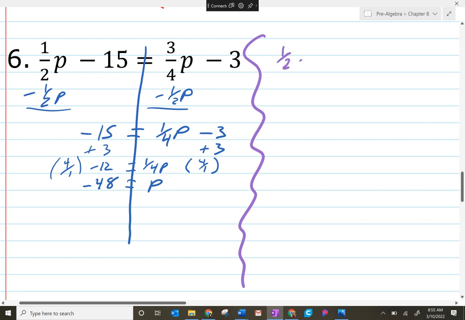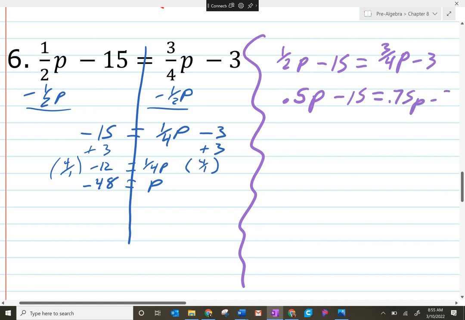I've got 1/2 p minus 15 equals 3/4 p minus 3. 1/2 or 1 divided by 2 is the same as saying 0.5. So I've got 0.5 p minus 15 equals, what's 3 divided by 4? 0.75 p minus 3. Now I don't have to deal with fractions.